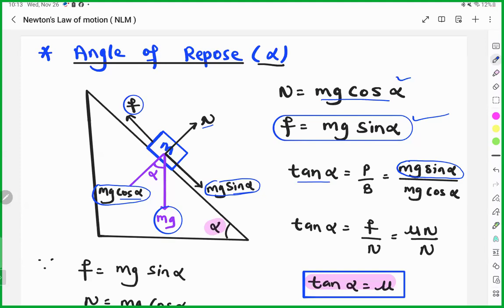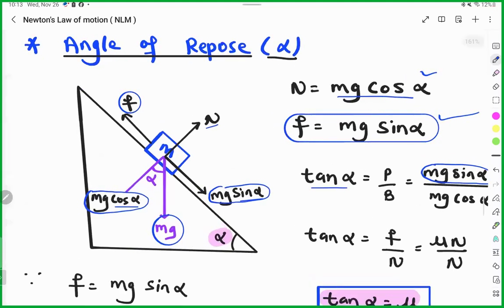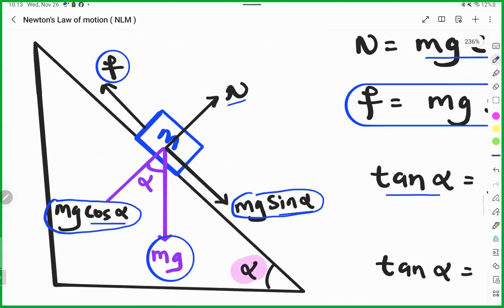If mg sin theta is more, what will happen? This is a tough level question. In 90% of questions you must have seen that it is not moving. But in case it moves, what will you do?